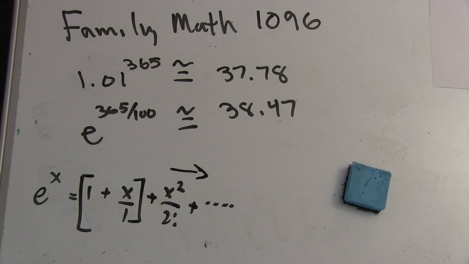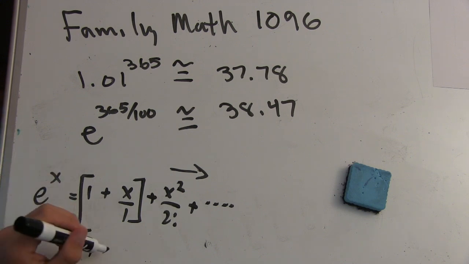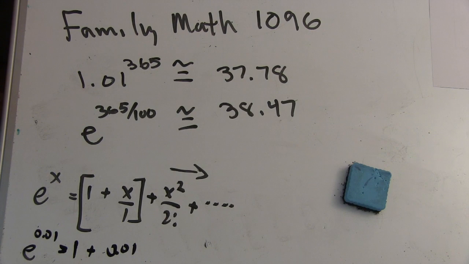So what is x here? What is the small value? x is 1/100th. So this is saying e to the 1/100th, 0.01, is approximately 1 plus 0.01.